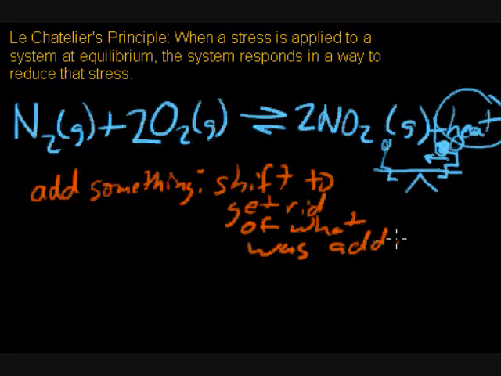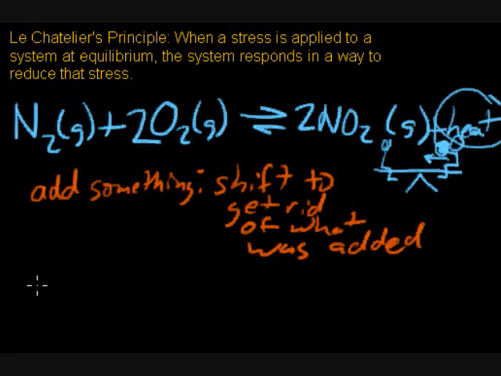So if we added some N2, the reaction will shift away and get rid of it. So the extra N2 will react and produce product. So the reaction would shift right. If we add some heat, then the reaction wants to get rid of that extra heat. So the reaction will shift left to get rid of that heat.